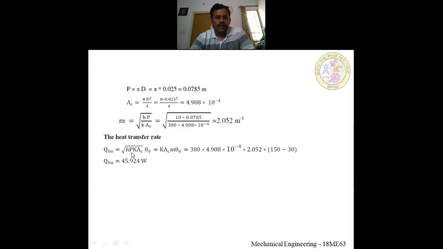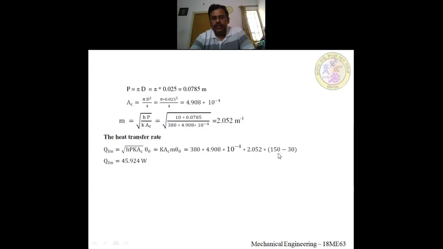Next, heat transfer rate. You know the formula for an infinitely long fin; either you can use this formula or the other one. I have used this formula. k is thermal conductivity, which is 380. Cross section area is 4.908 times 10 to the power of minus 4. m is 2.052, times theta naught, which is nothing but T naught minus TA.